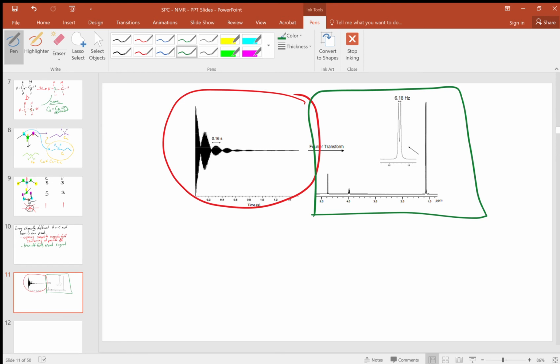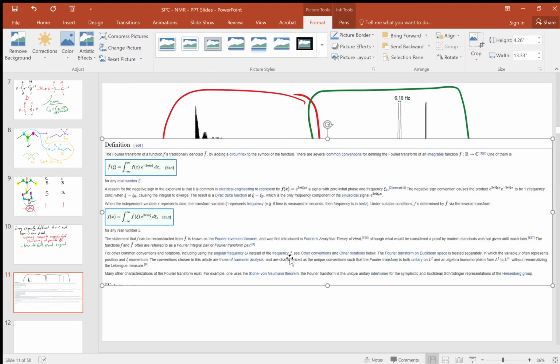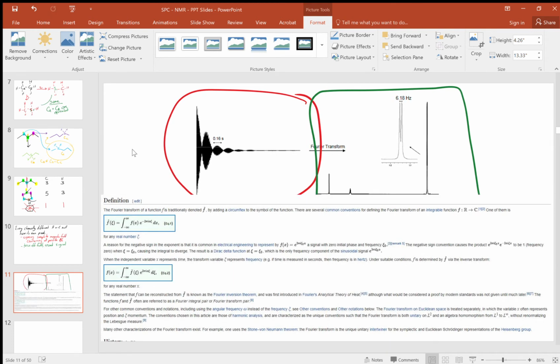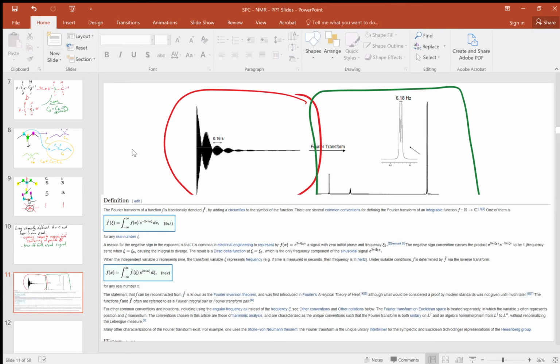And in order to get there, we need to take the FID and do what's called a Fourier Transform. I've just pulled up the Wikipedia entry for the Fourier Transform, and you're welcome to read as much as you want about it.